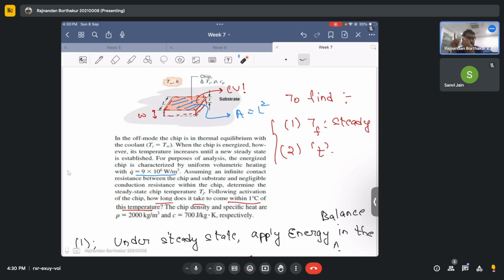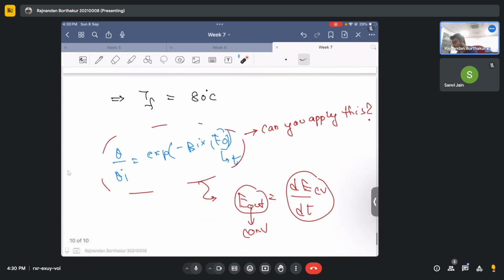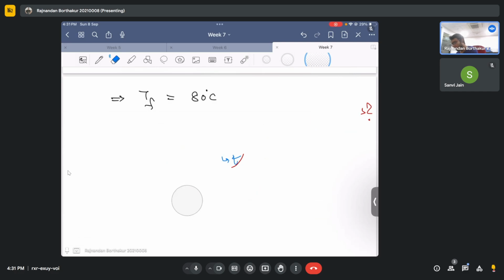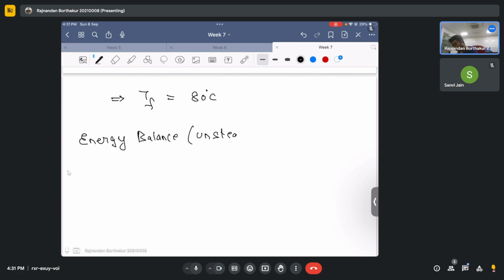And that is why I always stress that you should not just memorize formulas; you should know how the formula came from first principles. And the first principle here is nothing but the energy balance. So now, since you cannot directly apply this formula, we will start from first principles. We'll apply energy balance, but now in the unsteady part, in the control volume.